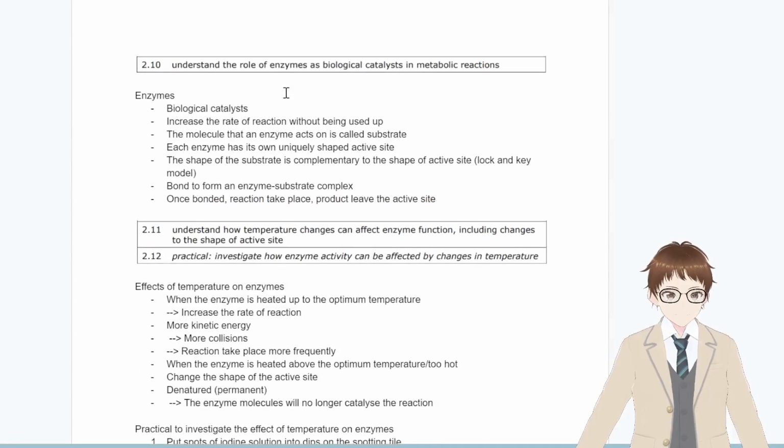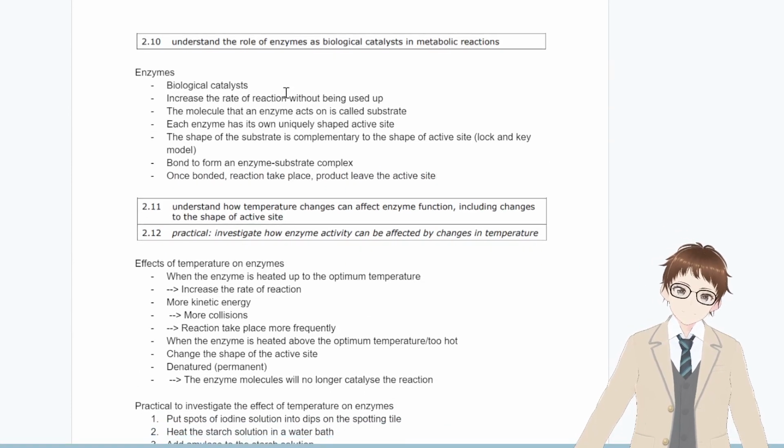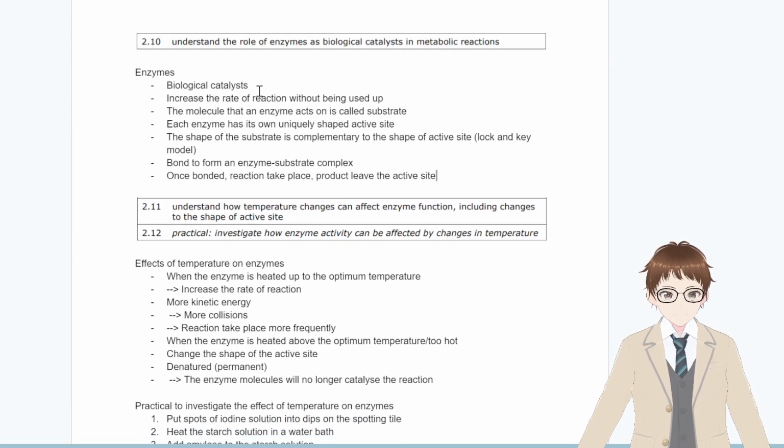So firstly, what are enzymes? Enzymes are biological catalysts. They increase the rate of reaction without being used up. The molecule that an enzyme acts on is called the substrate, and each enzyme has its own uniquely shaped active site.